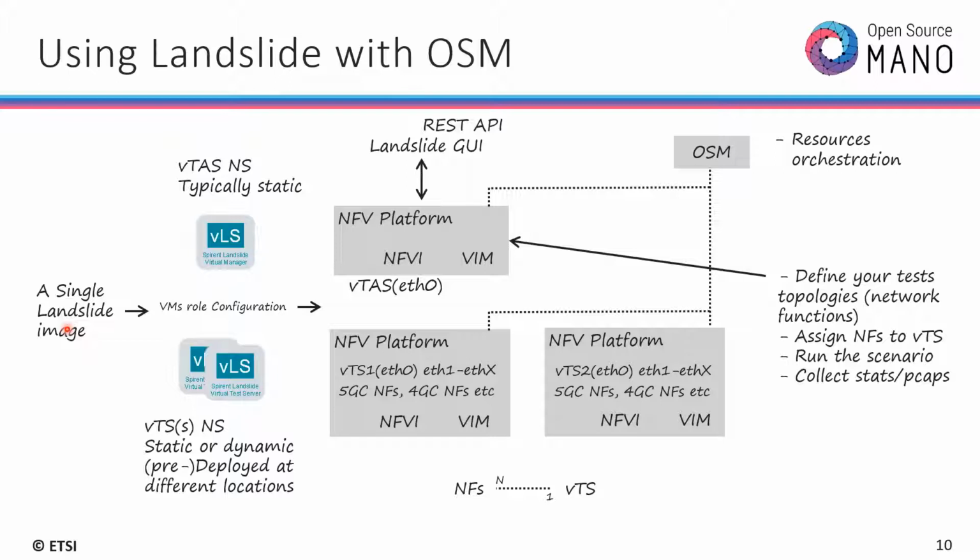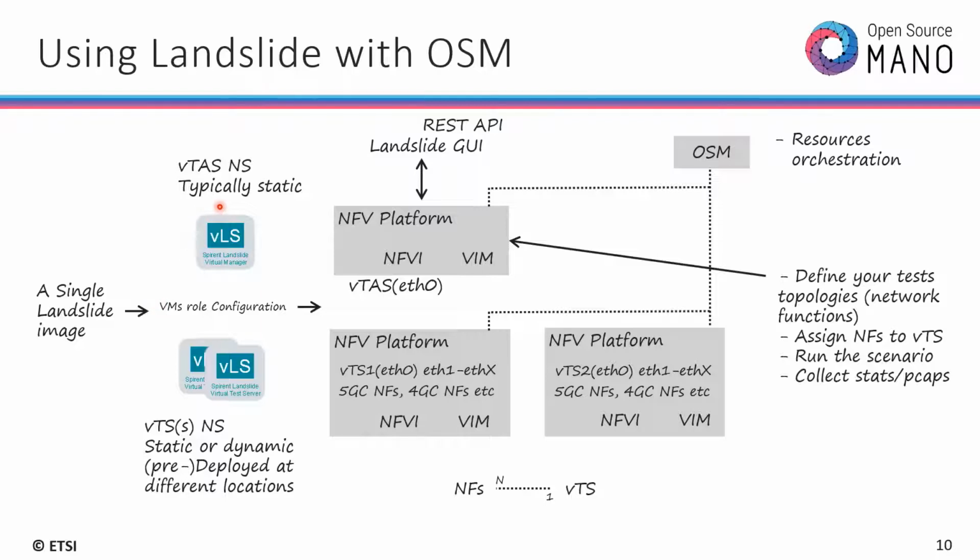If you are willing to deploy it on an ESXi-based environment, you will use your OVA image. It's only that single image that you need to perform the deployment of the different types of entities that you need.